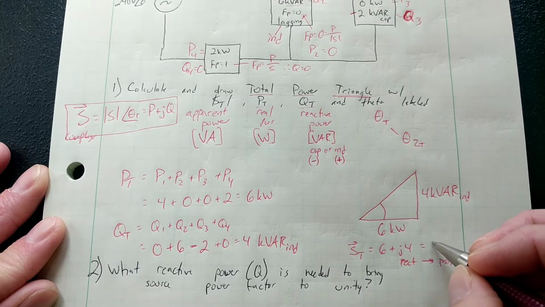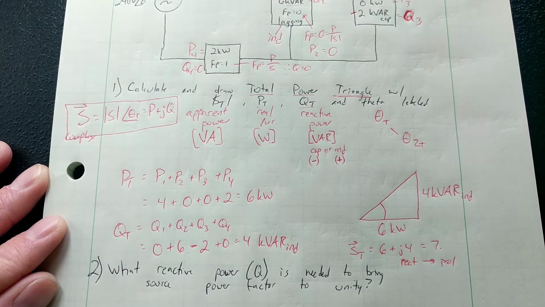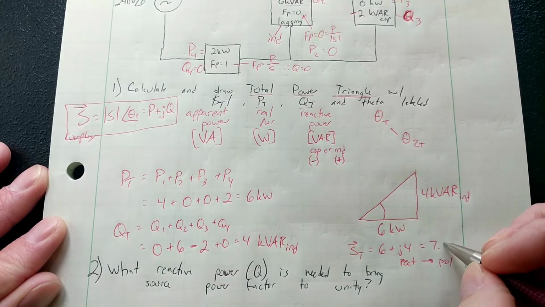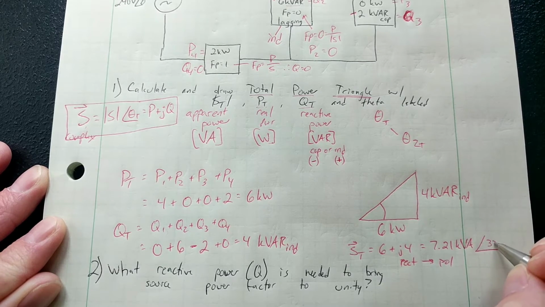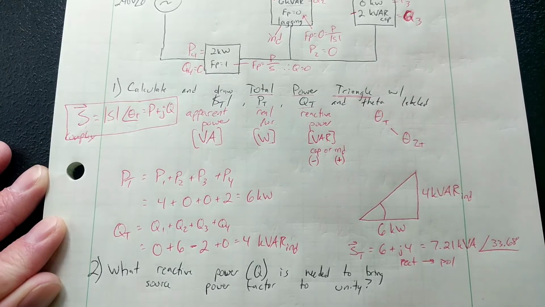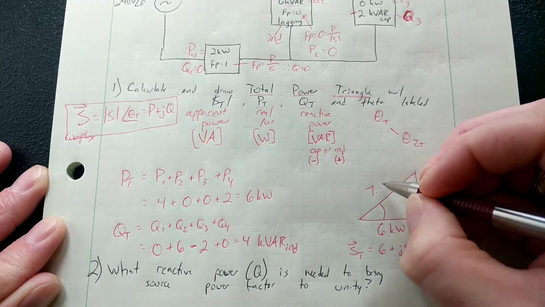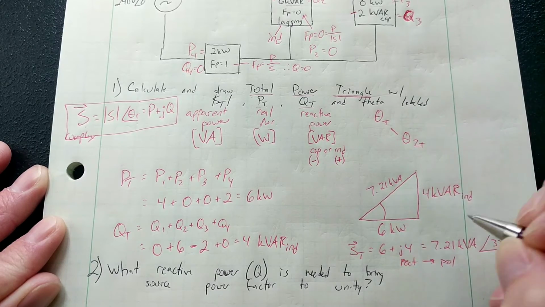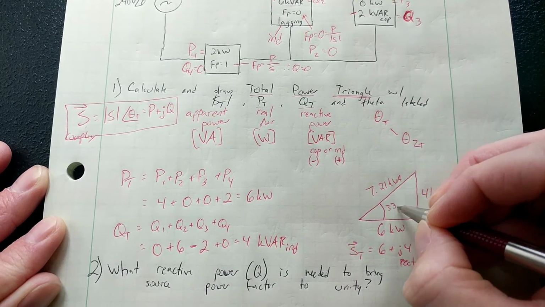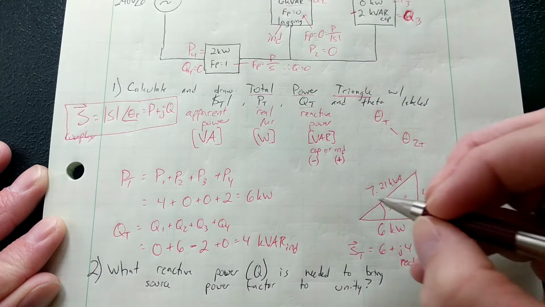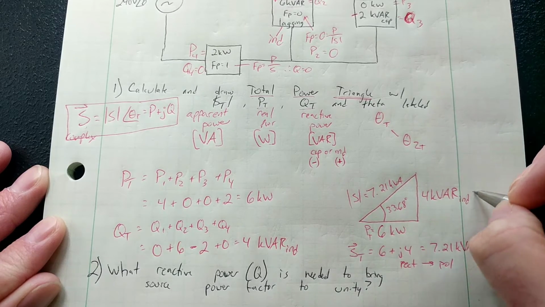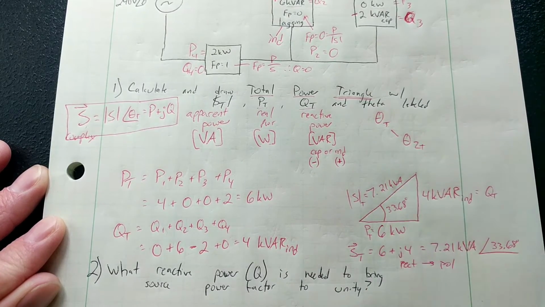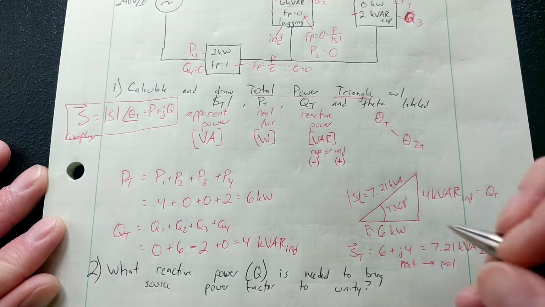And what it'll spit out for me is 7.21 kVA, angle 33.68 degrees. So right here is 7.21 kVA, and this angle is 33.68 degrees. That's the apparent power. That is the real power. That is the reactive power. That is the theta.